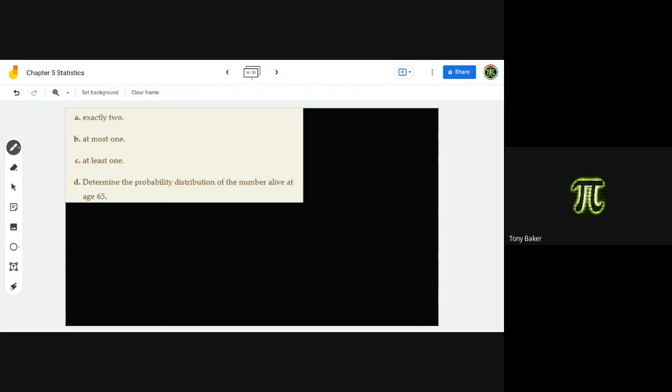When we're looking at this problem, pieces of information we need to know: P, which in this case was the 0.80. Okay. We need to know N, which in this case we had 3 people. Those are the 2 pieces of information you're typically going to get from the information they gave you. The rest we're going to get from the question.